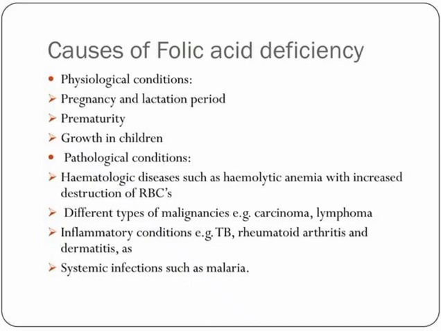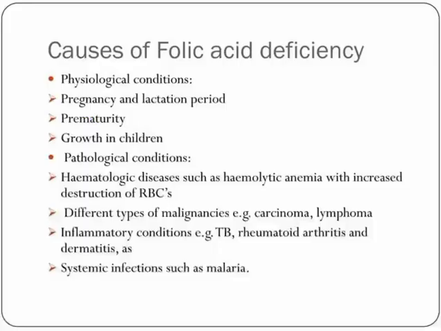Next will be the physiological conditions, that is the pregnancy and lactation period, prematurity, or growth in children. These are certain factors which affect the physiological conditions of our body, and thus may cause folic acid deficiency.